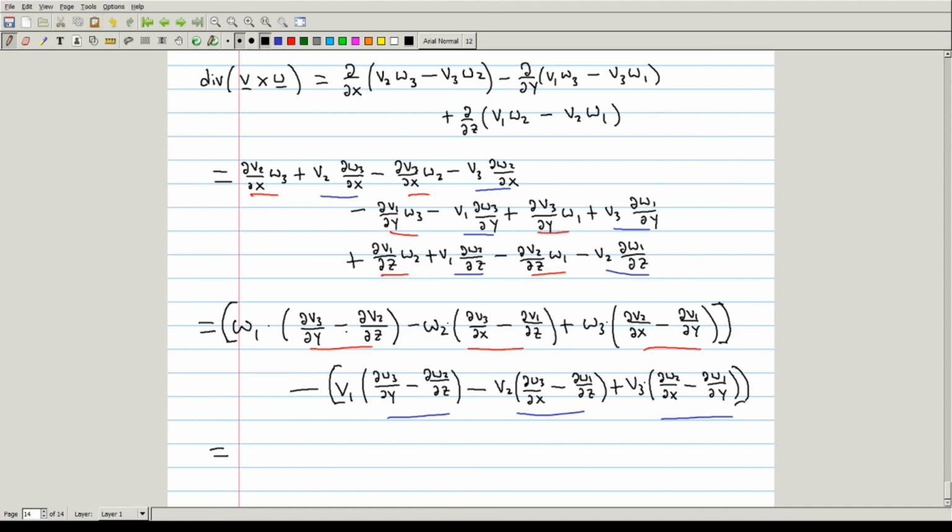What you should hopefully see is that this first summation, these first 6 terms, is just the dot product of the vector W with the curl of the vector V. The second summation right here is the dot product of V with the curl of the vector field W, which exactly is a proof of that property.